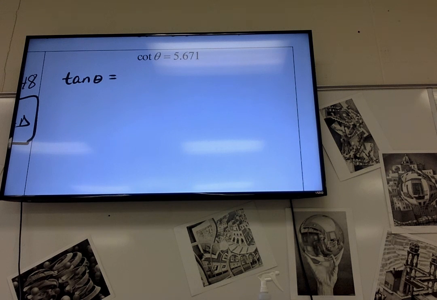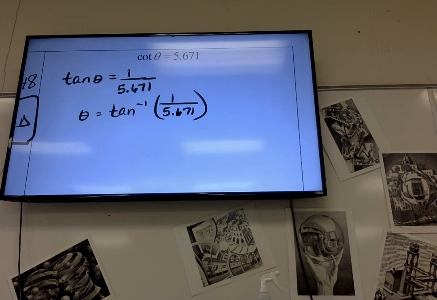So the tangent of theta is equal to what? Would it be like 1 over? Yes. I thought that was too simple. So to find theta, I just do the inverse tangent of 1 divided by 5.671.